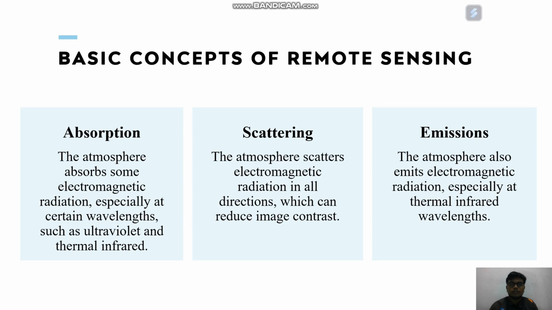The atmosphere scatters electromagnetic radiation in all directions, which can reduce image contrast. The last basic concept is emission. The atmosphere also emits electromagnetic radiation, especially at thermal infrared wavelengths.